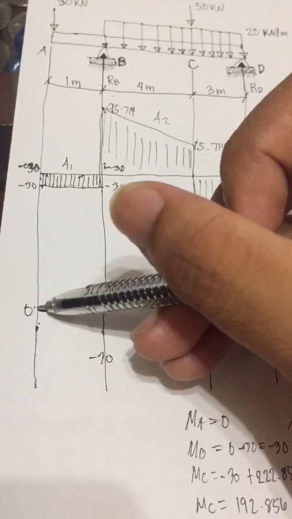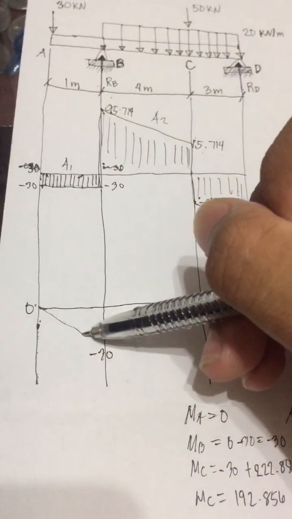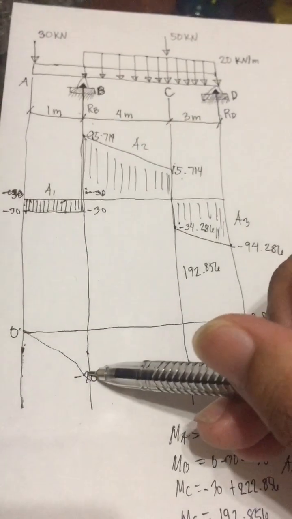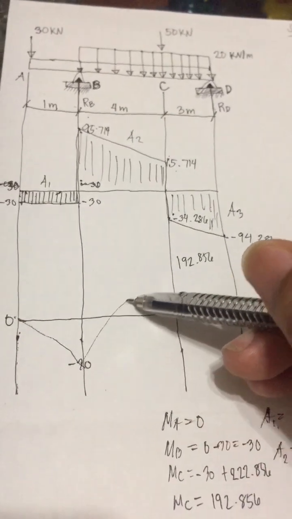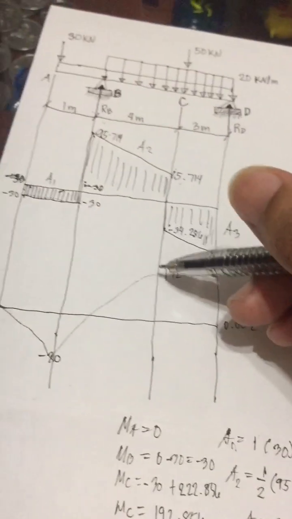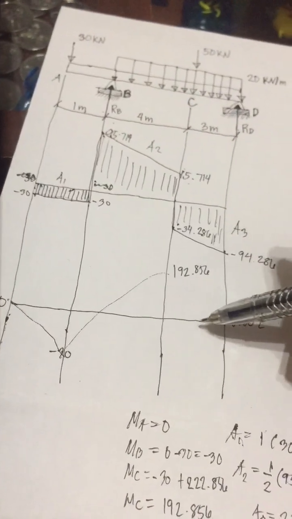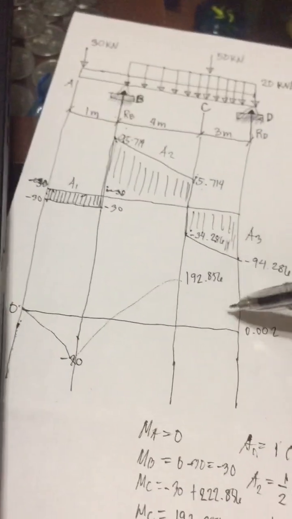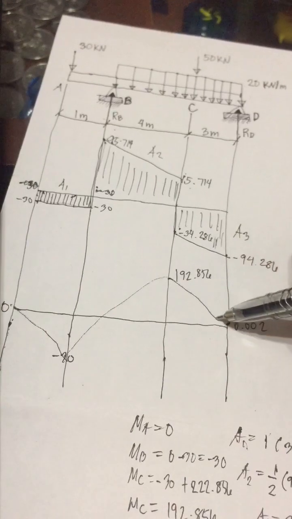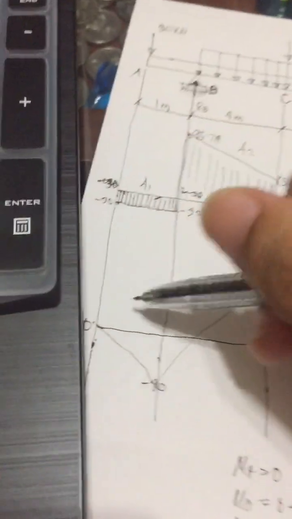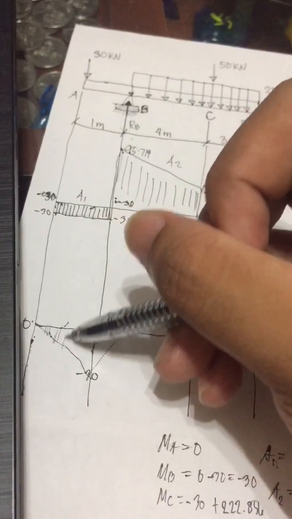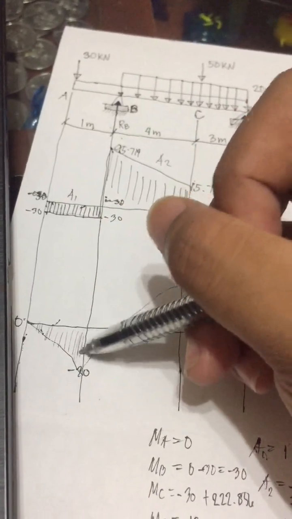Since we get our moment for A, B, C, and D, we're going to draw the diagram. From the moment of A, downward to negative 30, then upward to 192, then downward again to 0.002, and we're going to shade this area.